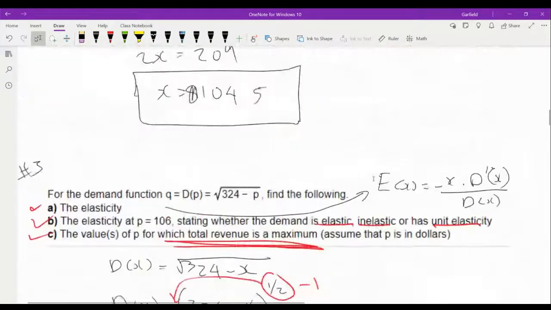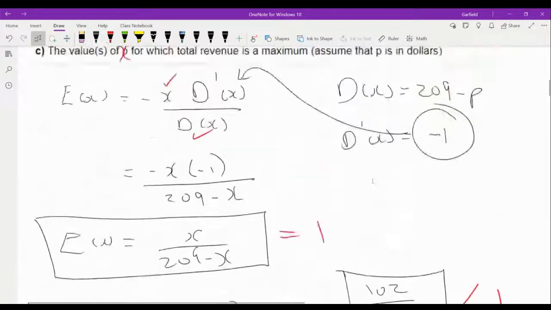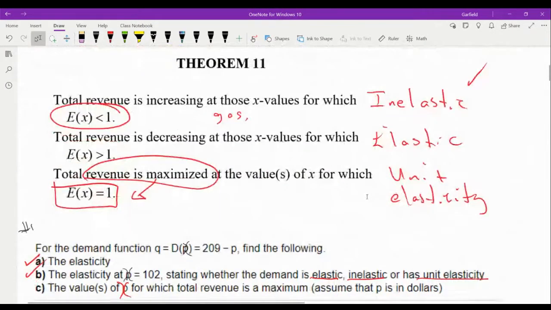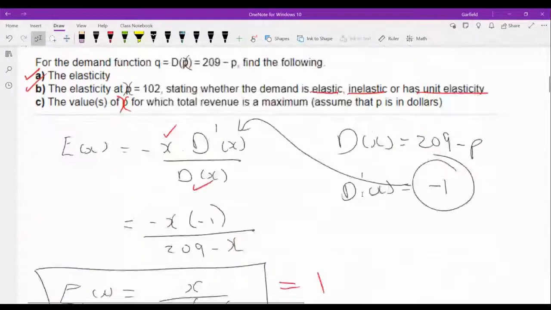If elasticity is less than 1, it's inelastic, and a small increase will not change the revenue. If it's greater than 1, excuse me, it's elastic and a small increase will affect the revenue. It will reduce the revenue. And that's how you'd answer part C.